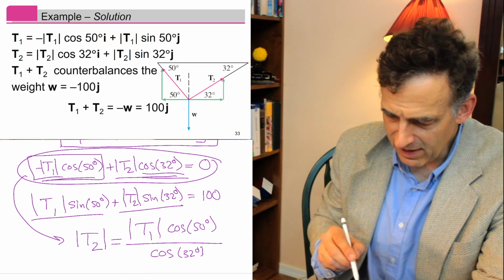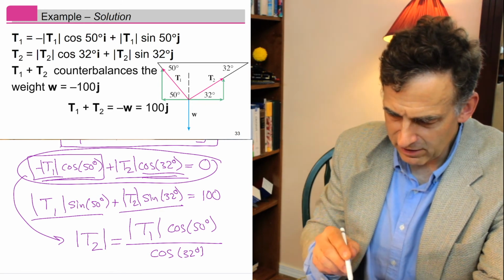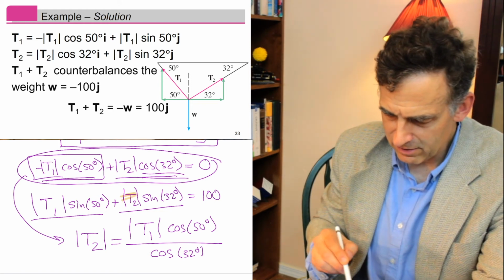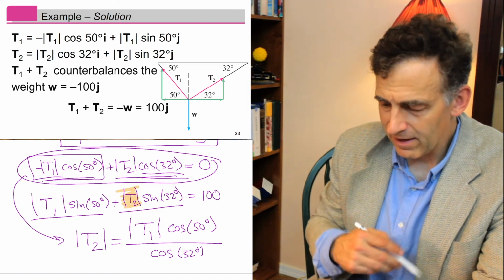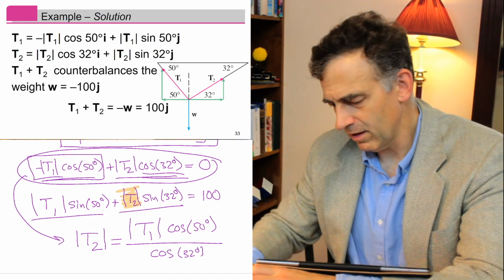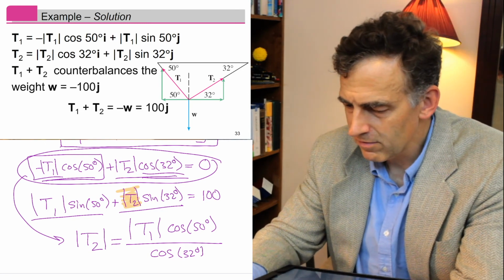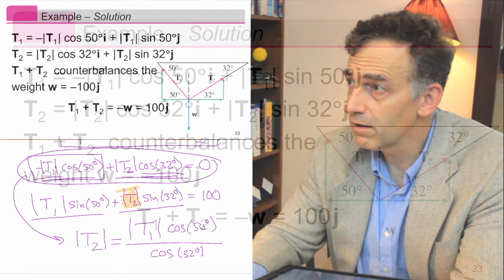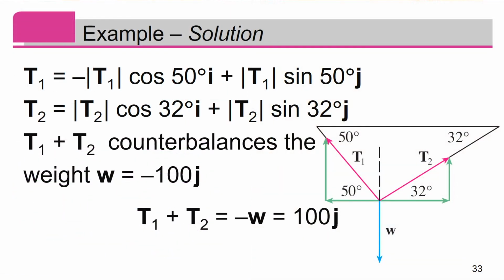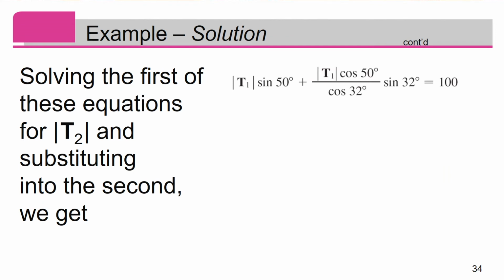Now I'm going to substitute it into the second equation for T2, and that gives me something I can actually solve for T1 and T2. So let's go back to this big slide. Okay, that's what's missing between these two slides. You can see there that T1 times cosine of 50 over cosine of 32 is put in place of T2.